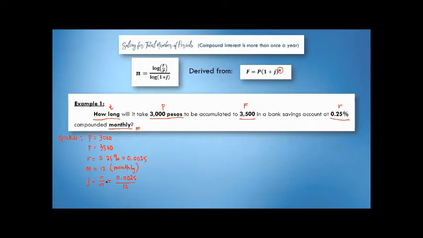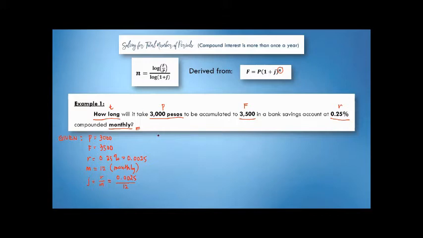Okay? And then, pwede na nating ma-solve ang n muna. So, hindi tayo directly makakapag-solve agad ng t kasi wala namang t dito sa ating formula. Manggagaling pa siya pag na-solve na natin yung total number of periods.